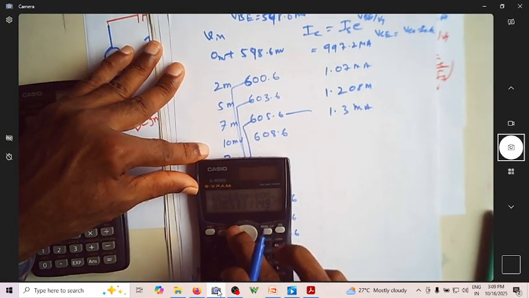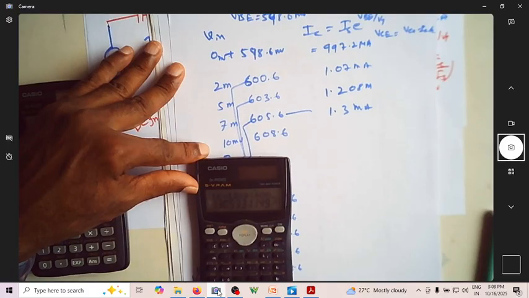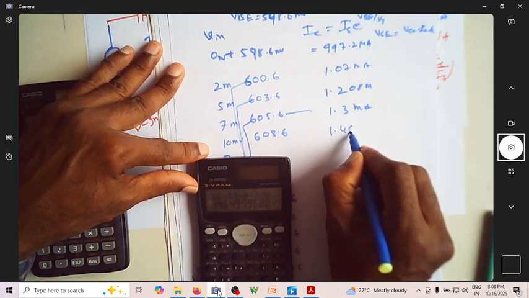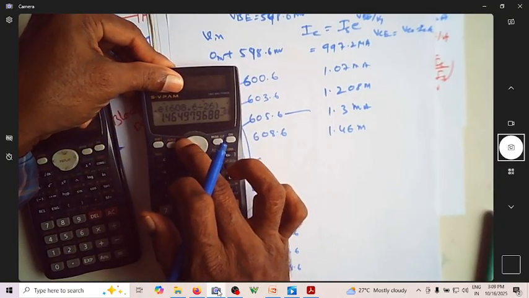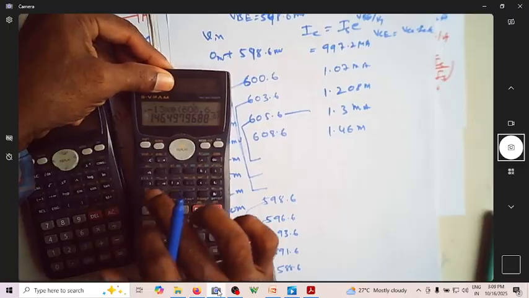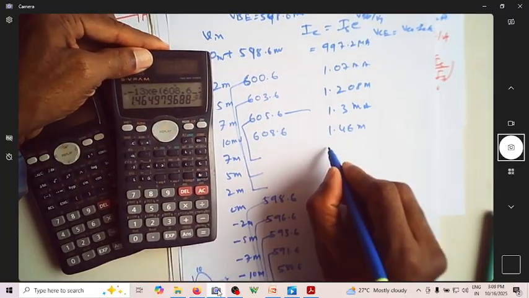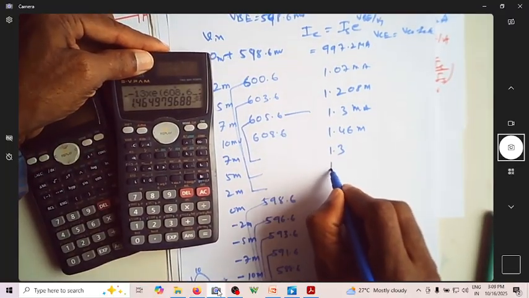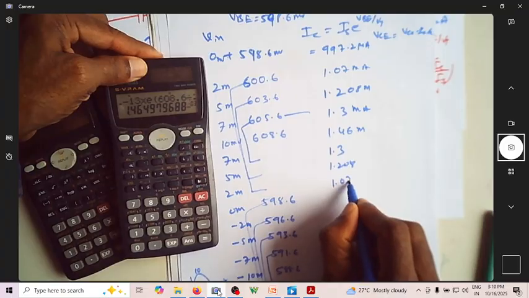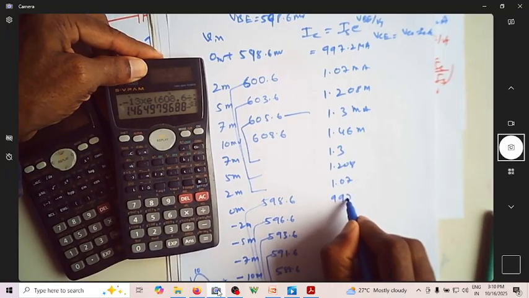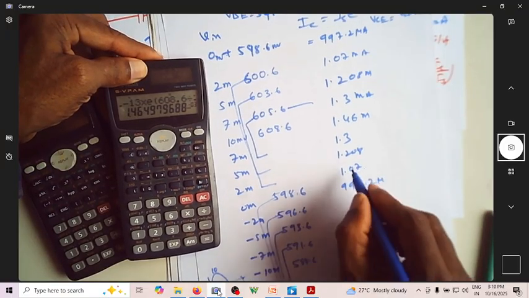If it is 608, it is 1.46 milli. This repeats. You can see now it is 1.3, 1.208, then 1.07, then 997.2 micro. These are all milli.